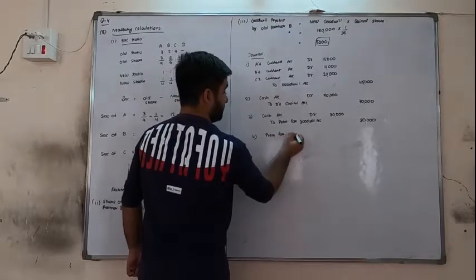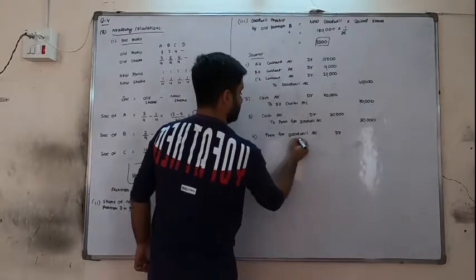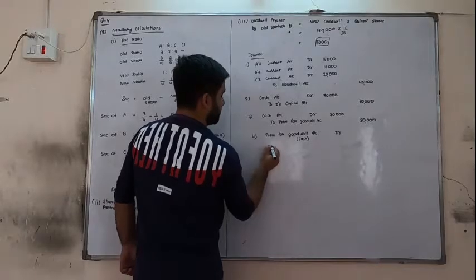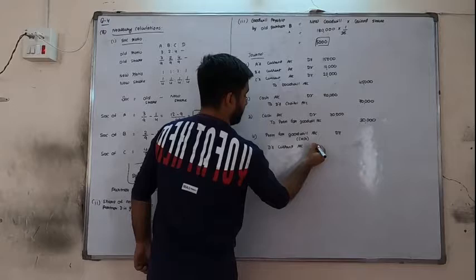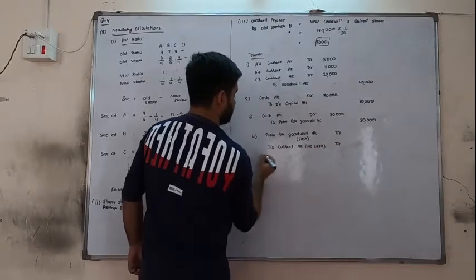Premium for goodwill account debit. This should be in cash. Then the new partner's name is D. D's current account debit. This should be in no cash.